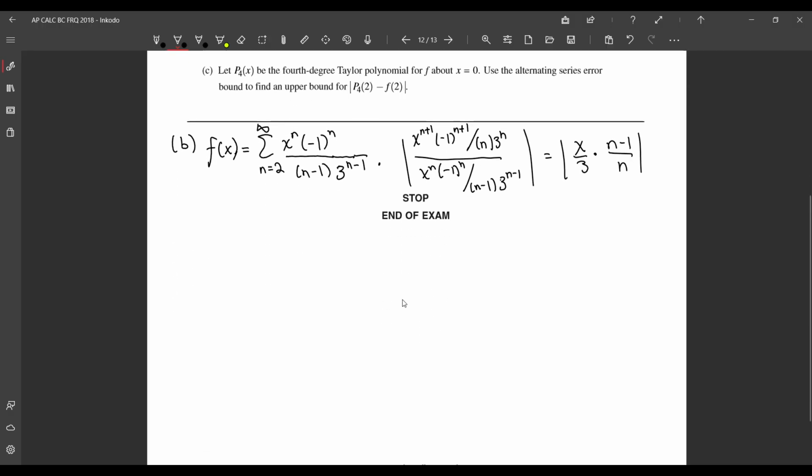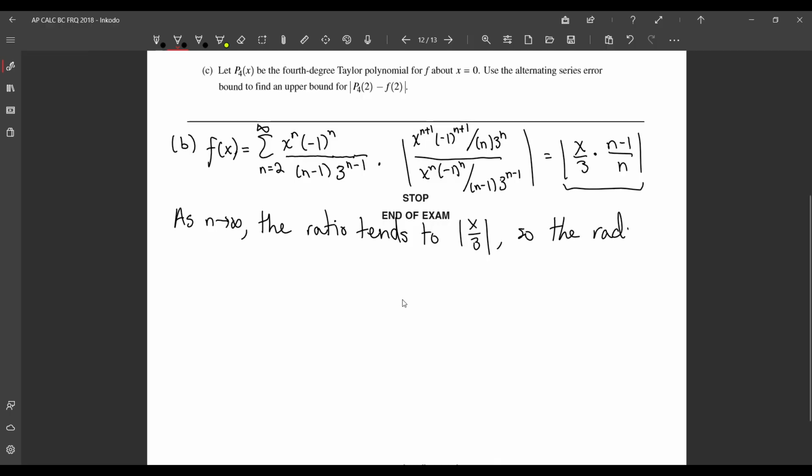So as n goes to infinity, the ratio tends to x over 3. So the radius of convergence is 3 by the ratio test, right?